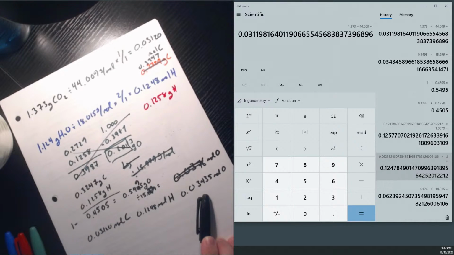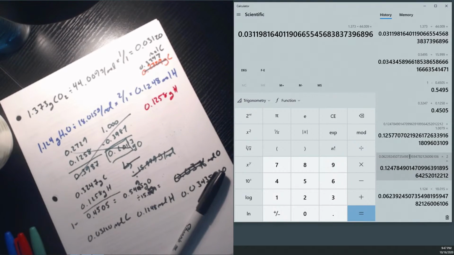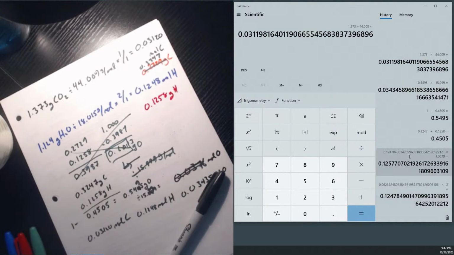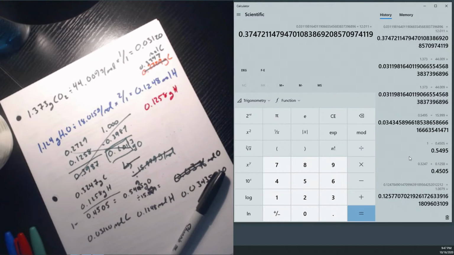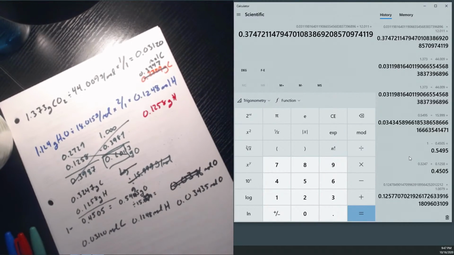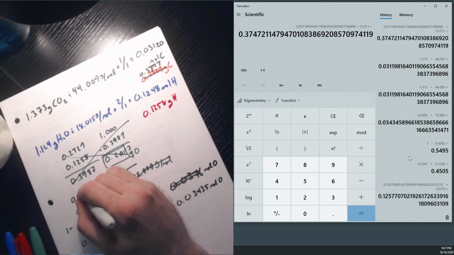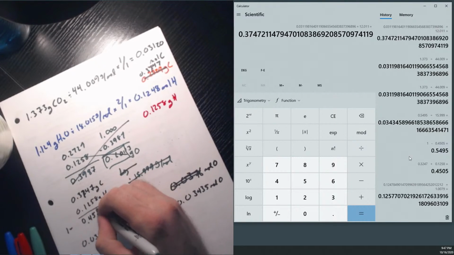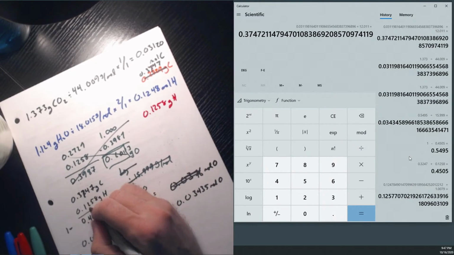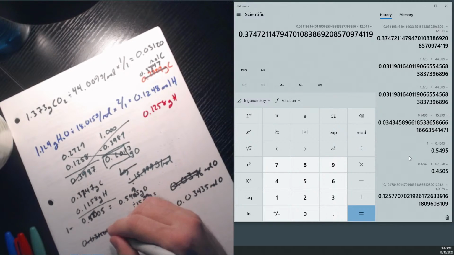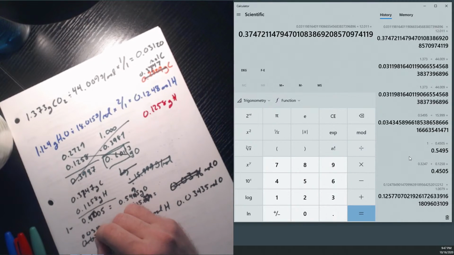1373, 1124. 1.373 divided by 44.009 times 12.011. I keep on... Okay, in this case, it's because I couldn't read my handwriting. It's 37, not 32. 5005. Oops, that number is correct.